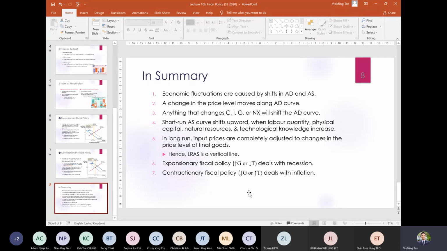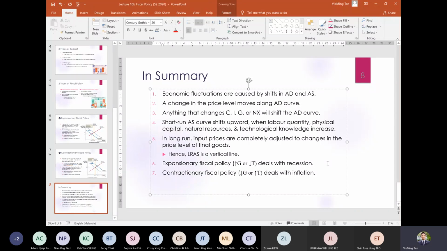Okay. And lastly, for fiscal policy, you already learned 2 types of fiscal policy. So when the economy is not good, is having a recession, then the government should practice the expansionary fiscal policy by increasing the government spending and reducing the tax. So by doing this at the same time, what is going to happen?